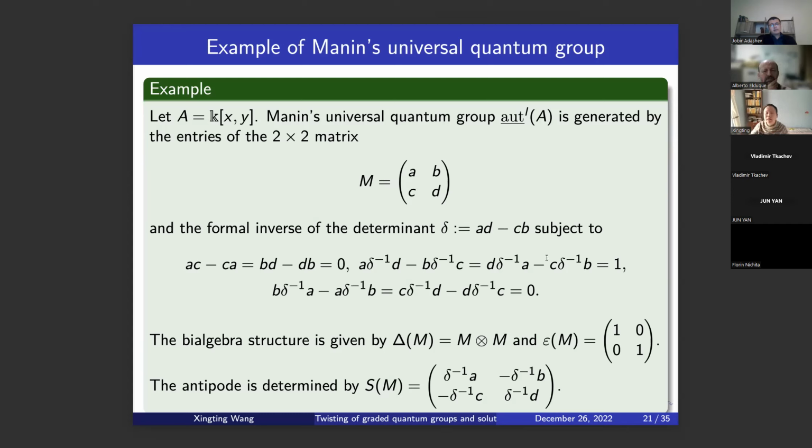It's totally, highly non-commutative and not of finite Gelfand-Kirillov dimension for sure. But the great thing is that we can make it into a Hopf algebra by letting the generators have this matrix coalgebra structure, as we saw before. The antipode is given by using the inverse of this element delta. Sometimes this delta is called the quantum determinant.